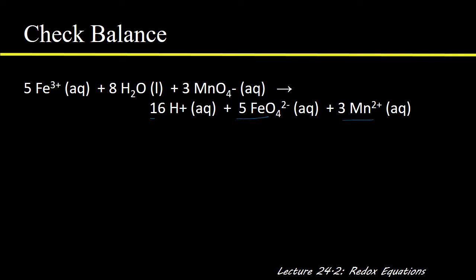Okay. Now what we want to do is check each one of these, every species in here, all of the atoms and the charge. So I'm going to make a little table of everything we've got. We've got iron, manganese, hydrogen, oxygen, and charge.